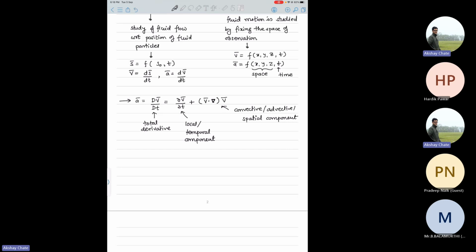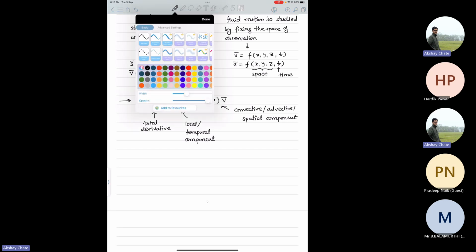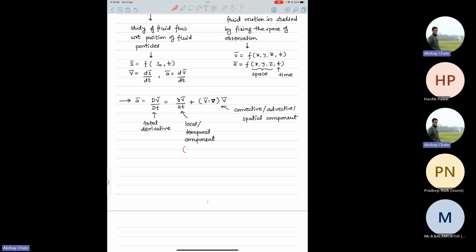So that is what happens in uniform flow. Maybe I'll just write it here as a side note, which can be useful later. So this will be 0 for steady flow, and this will be 0 for uniform flow.